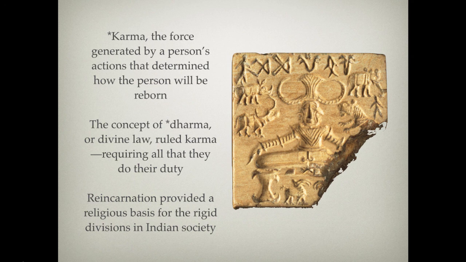If I live as that best farmer, then I build good karma, and when I die, that good karma attached to my Atman, my soul, allows me to transmigrate and to be reborn as I go up the caste system, that caste pyramid.